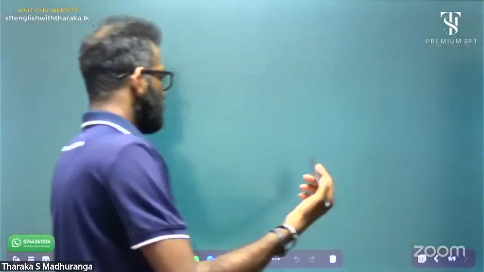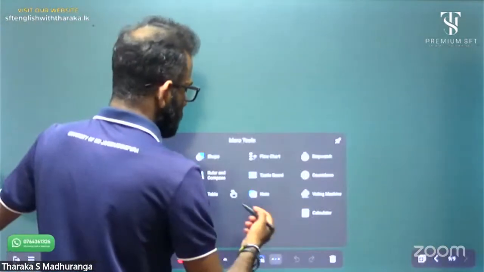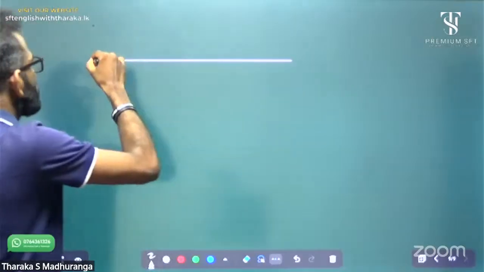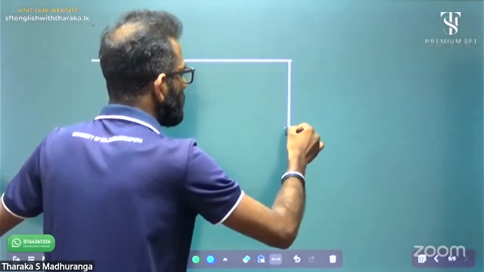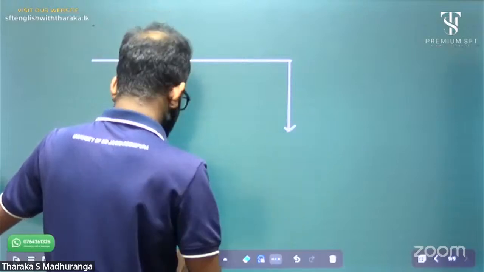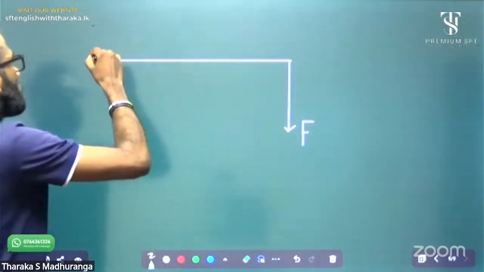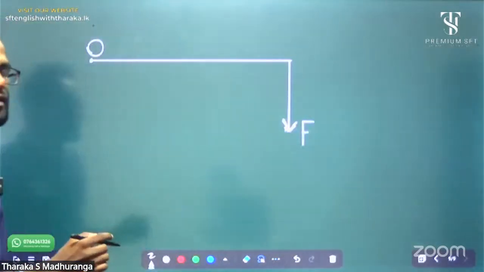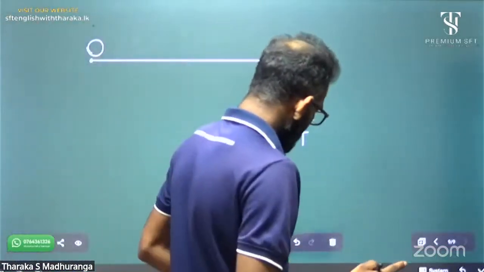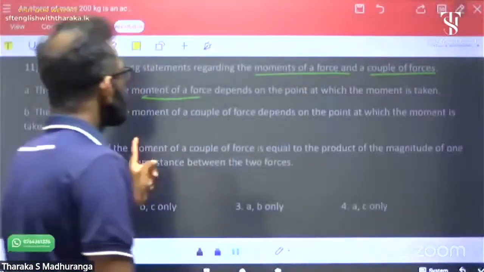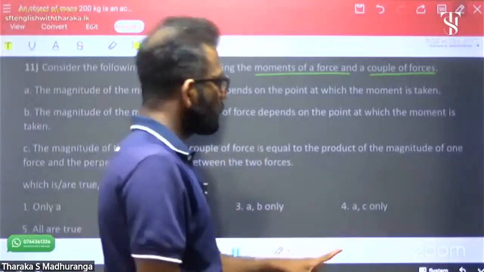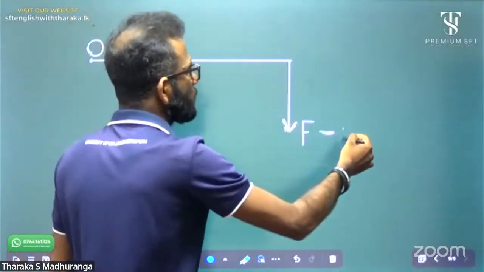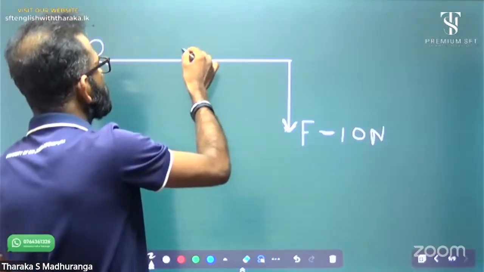Yeah, the moment. This is a moment of force. Think this is the rotational point. This is the applied force F. This is the point O. Now statement A: the magnitude of the moment of force depends on the point at which the moment is taken. Yes, always F into D. Think F equals 10 Newton and the distance D equals 5 meters.